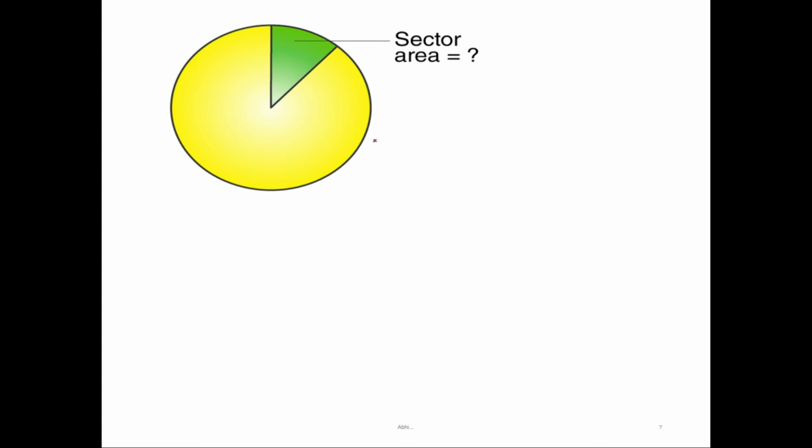Coming to the formula to find the area of a sector, we know the area of a complete circle is pi r square, and we are only talking about this green region which makes an angle theta here. The complete angle is 360, and out of 360 we are only talking about a section which makes an angle theta.